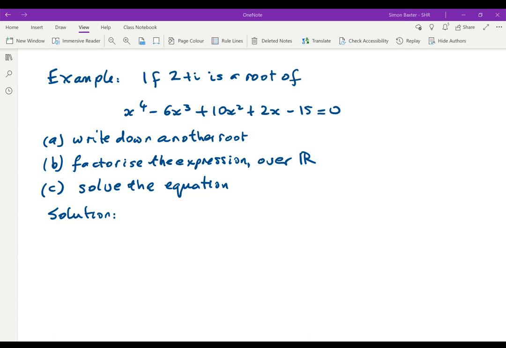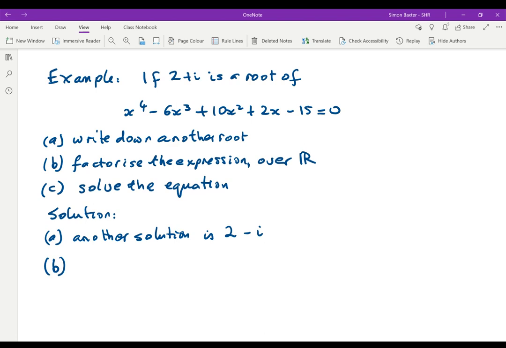The coefficients are real. Therefore, another solution is the complex conjugate, which is just 2 minus i. So we now have two roots. We have 2 plus i as a root, and we have 2 minus i as a root.